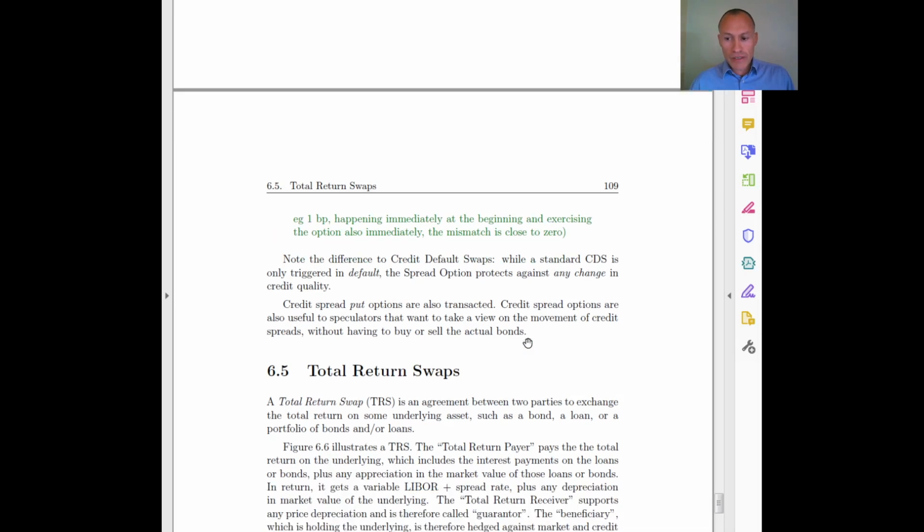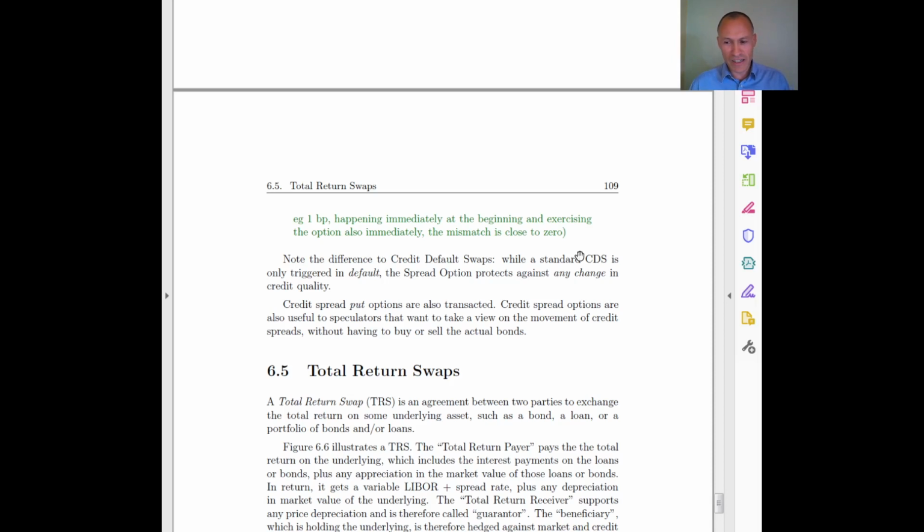Okay, so it's important to note this difference to credit default swap. While the name of the credit default swap suggests that it only protects against default, a credit spread option protects against any change in the spread and therefore in the credit quality. So I'm saying that the credit default swap only works against default, but that's not exactly true.